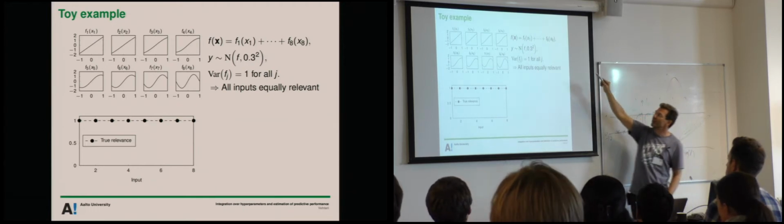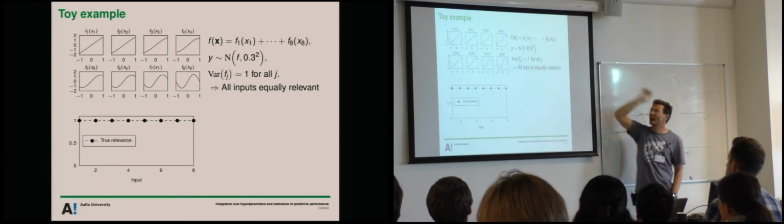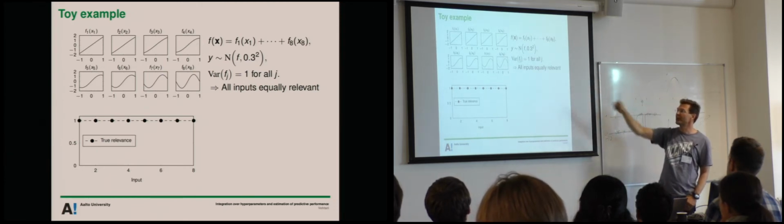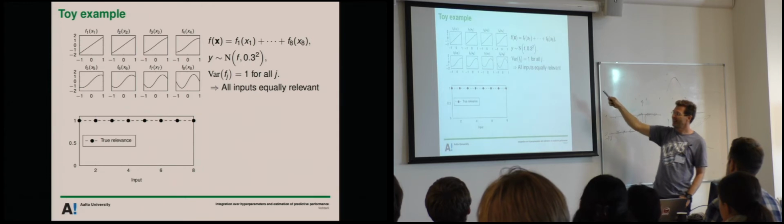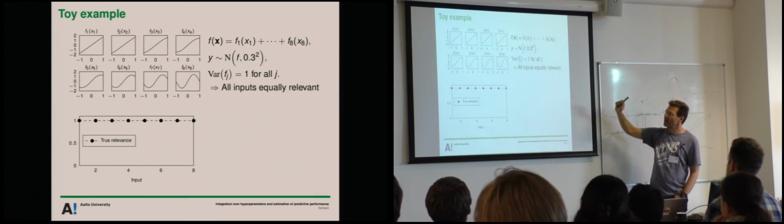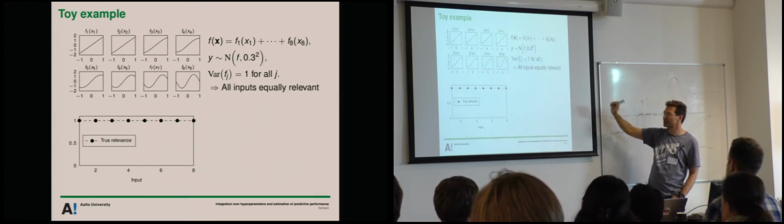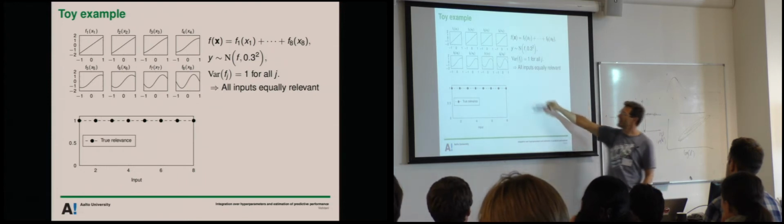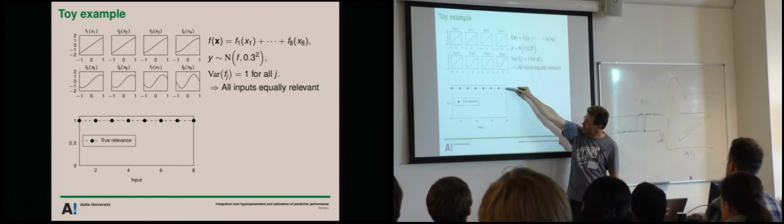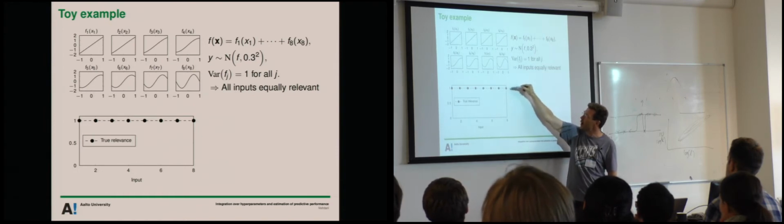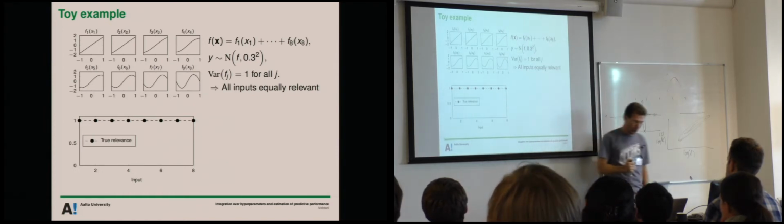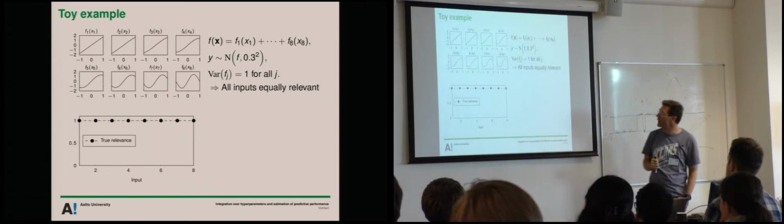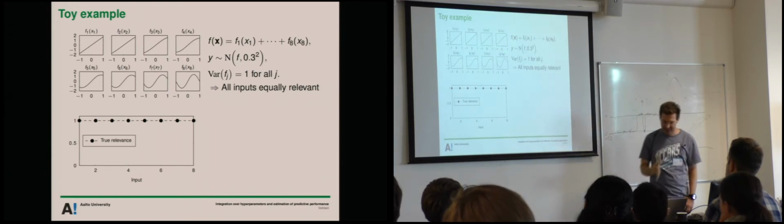And this has been now scaled so that if you drop any one of these inputs, your performance drops the same amount. And this shows that if you drop any of the inputs, this is kind of the true relevance, how much you lose in predictive performance if you remove that.